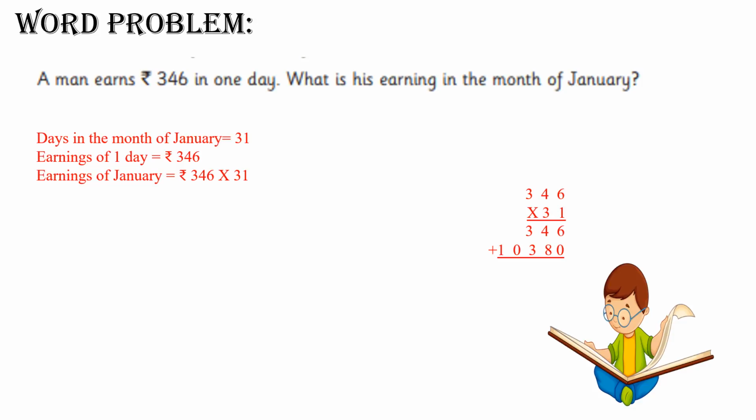So 346 by 30 is 10,380. When I add, I get 10,726. So in the month of January, the person earns 10,726 rupees. Isn't it easy? I am sure with practice you will be able to do these sums very easily.